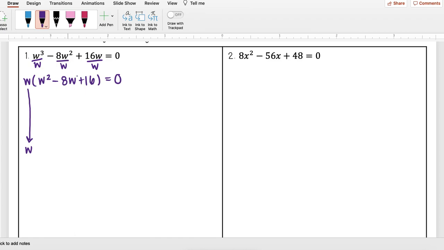And now with what I'm left with in the parentheses, I'm going to use my AC method to factor this out. I'm going to multiply A times C, and so I get 1 times 16 is equal to 16. And I'm looking for two numbers that multiply to 16 and add to my middle number, which is negative 8.